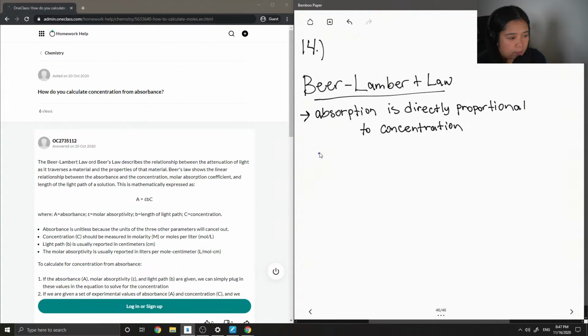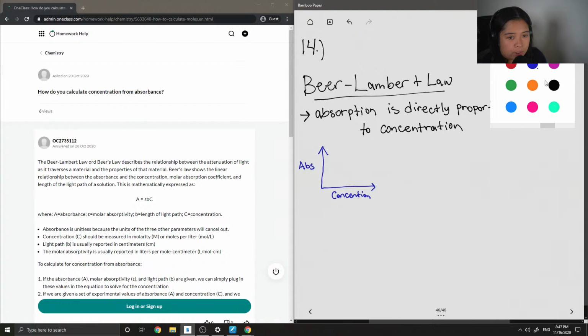So let's say I had a simple graph and I had concentration as my x-axis and absorbance as the y-axis. And if we were to plot the absorbance values of a species that increased in concentration, you'll get something that looks like this.